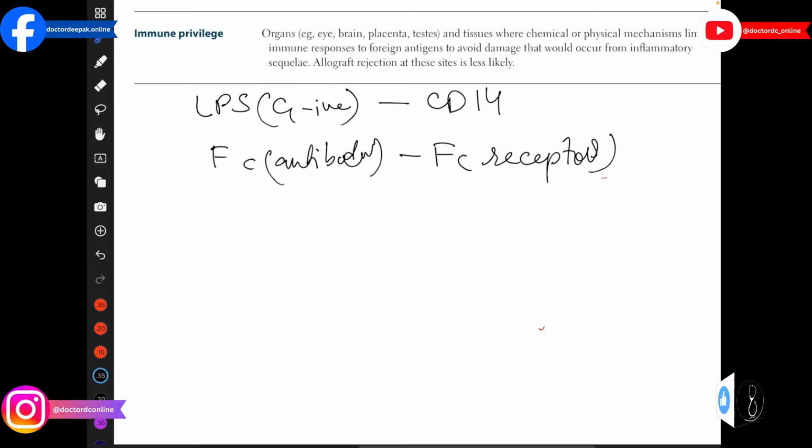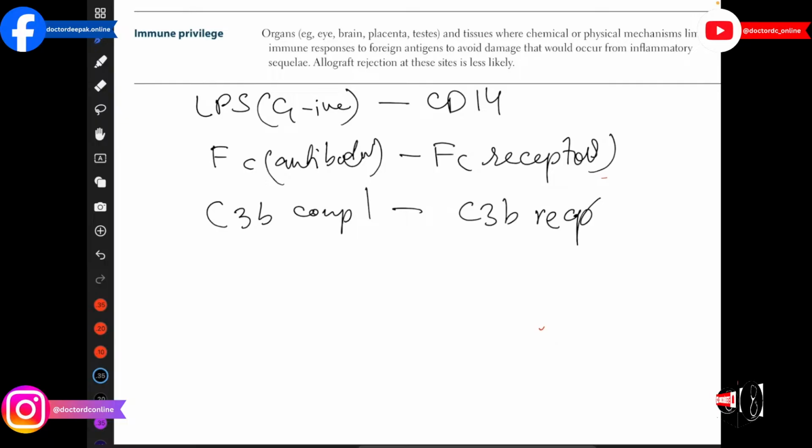If there is C3b complement, they attach with the C3b receptor. T cell molecules like CD4 are going to attach with MHC class 2.